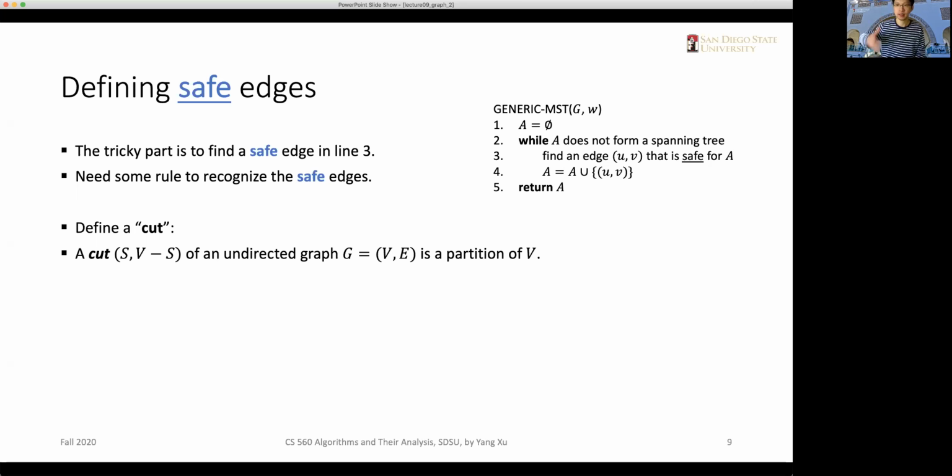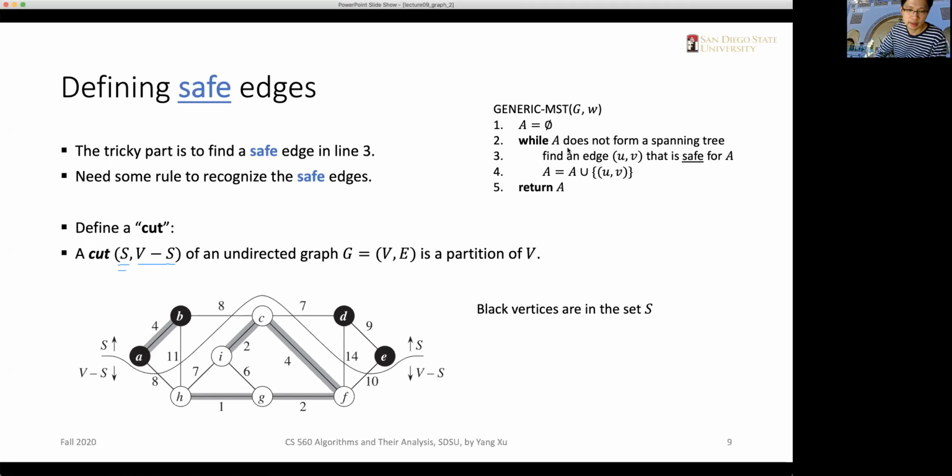A cut, as the name indicates, is an action, a split or a partition on the graph. It's a partition on the vertices. It cuts the set of vertices into two partitions, two parts. The first part is S, and the second is the total vertex set minus S. We basically cut all the vertices into two halves.